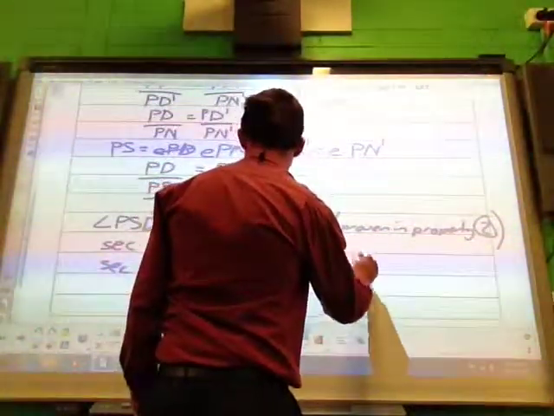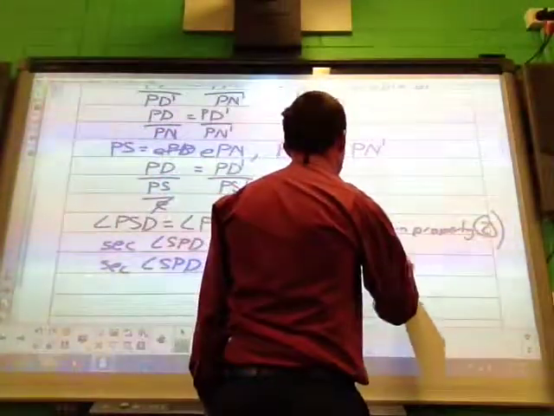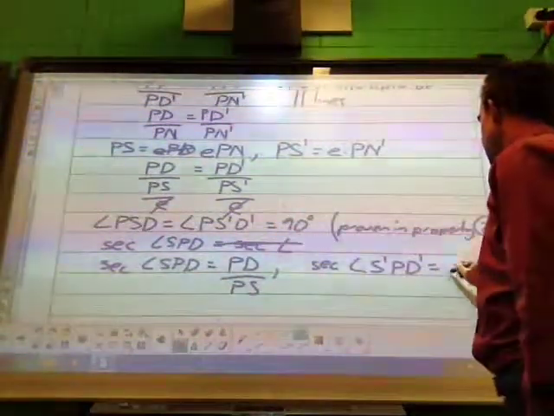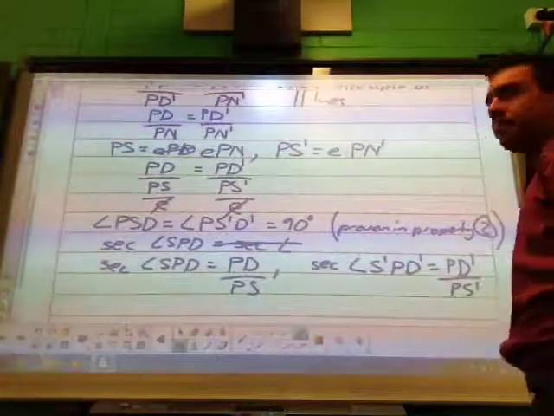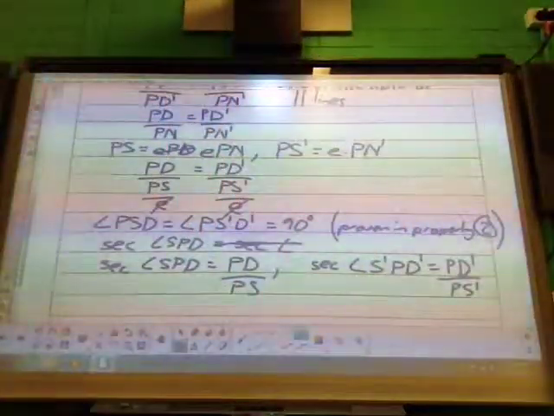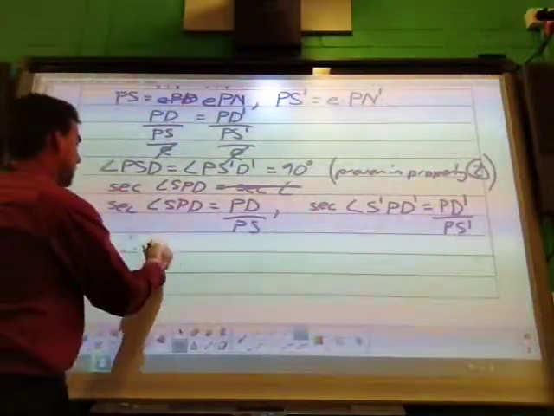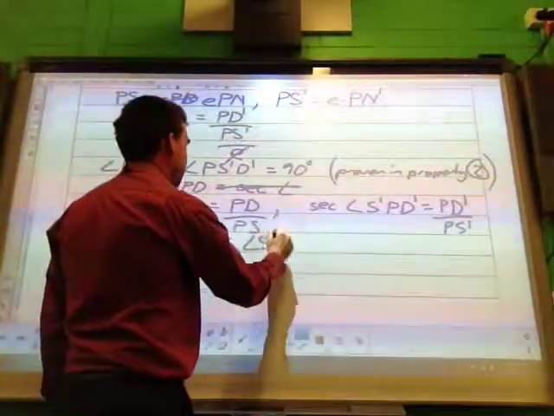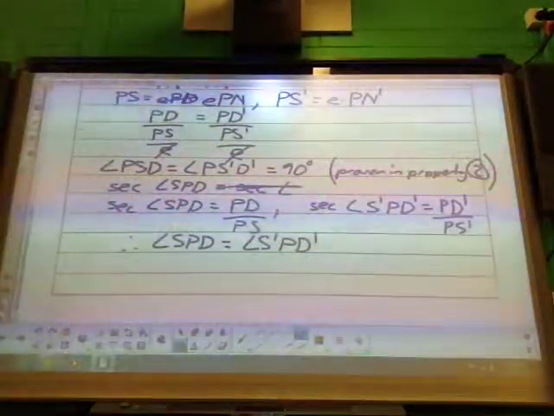And sec of angle S prime PD prime is going to be PD prime over PS prime. Okay, and because they're both the secant, therefore, angle SPD must equal angle S prime PD prime, because we've taken the secant of both of them.